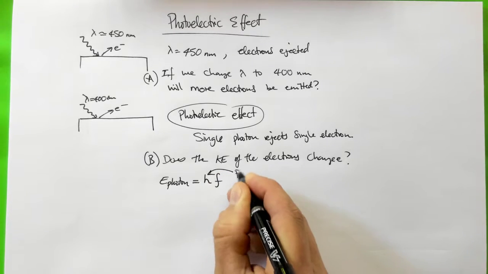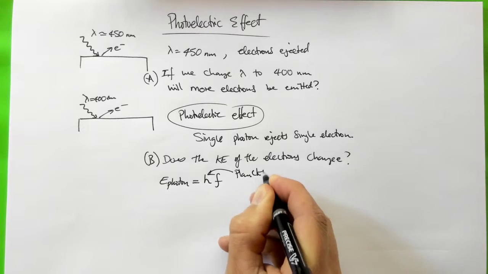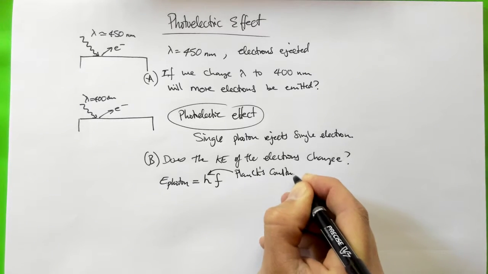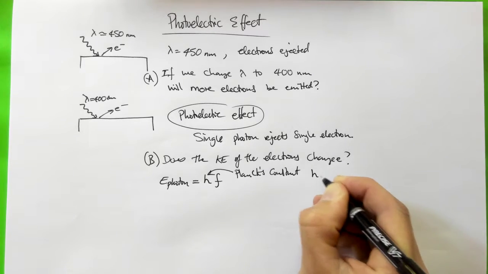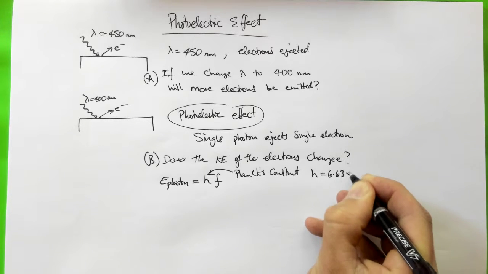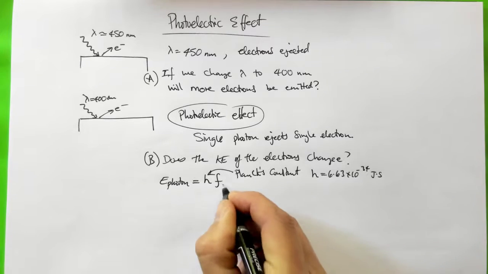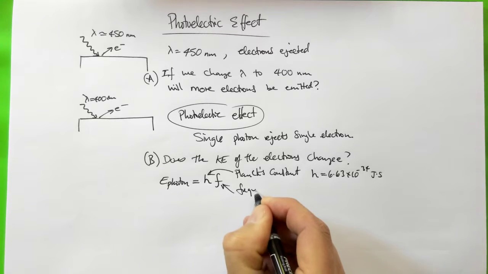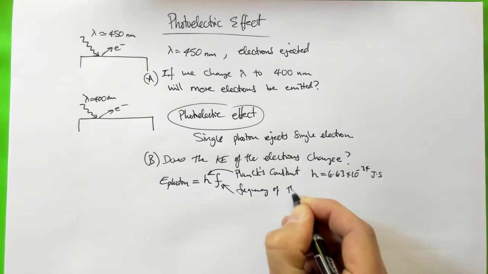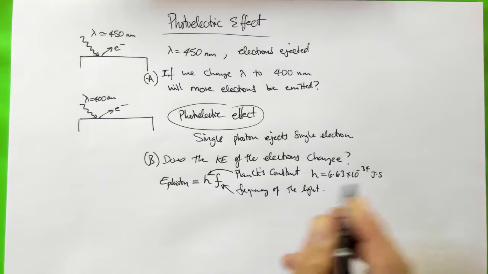So h is Planck's constant, which has the value of 6.63 times 10 to the minus 34 joule seconds. And this is the frequency of the light.